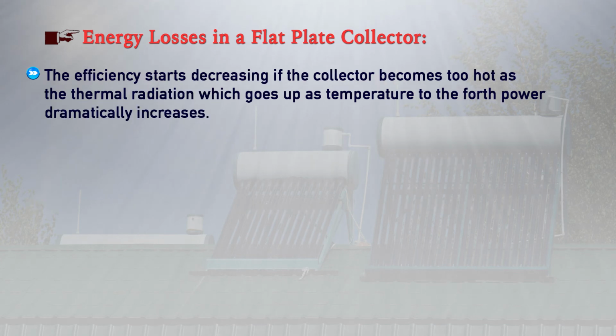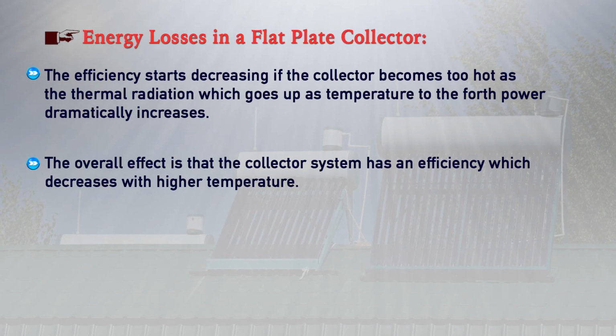The efficiency starts decreasing if the collector becomes too hot, as the thermal radiation, which goes up as temperature to the fourth power, dramatically increases. The overall effect is that the collector system has an efficiency which decreases with higher temperature.